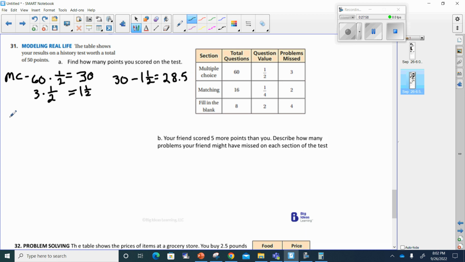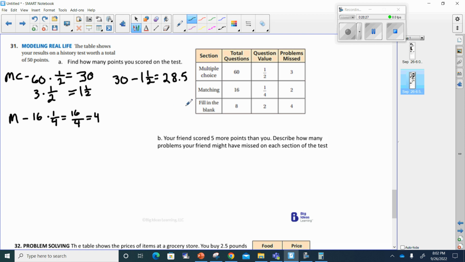Okay, let's find out for the matching. Now the matching says there were 16 questions, and each one was worth 1/4, so we have to multiply it to 1/4. That's going to equal 16/4, and that's 4. So the matching only had a total of 4 questions in it by the looks of it.